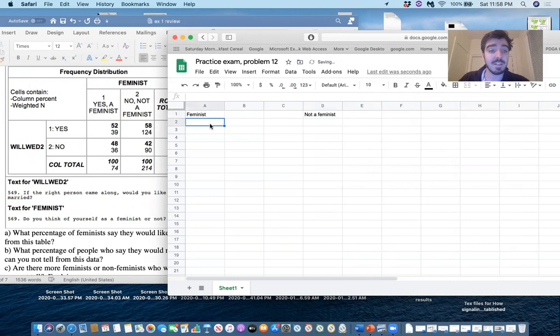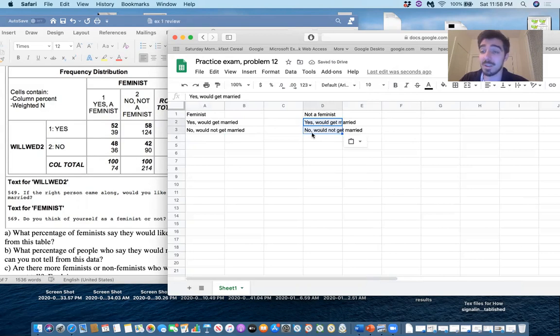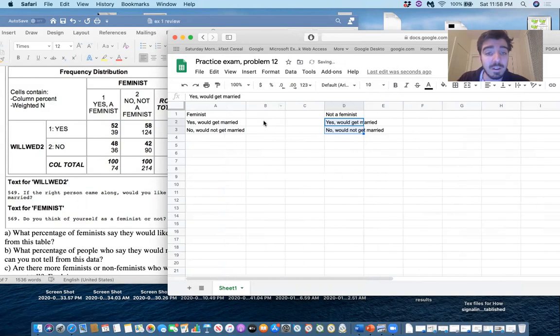If you are a feminist, yes, would get married. That's a slice of the feminist pie. And no, would not get married. Same thing within the not feminist pie. We can create slices, a yes and a no, depending on whether you want to be married or not.